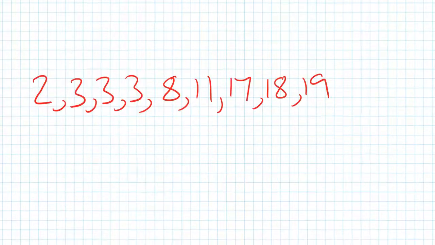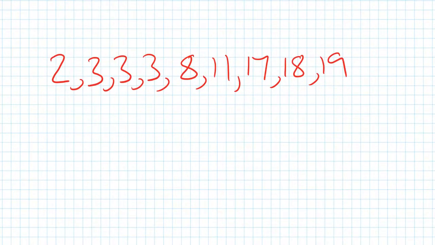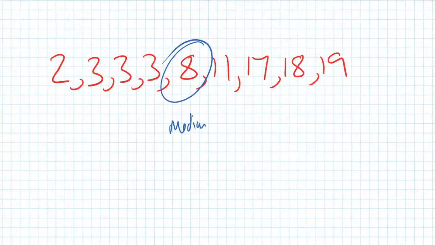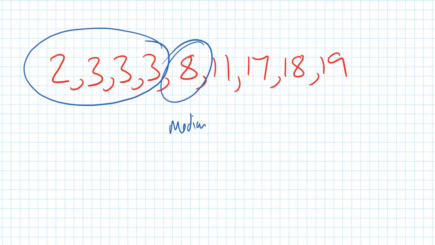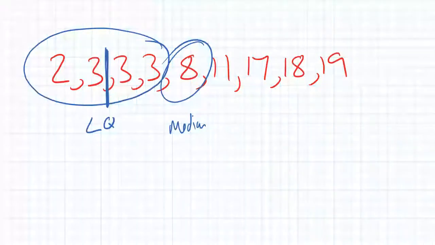Okay, final possibility is something like this. If we had 9 different values, and if this was the case, well, this time that median is going to be 8. And to find that lower quartile, I'll consider the lower half as those 4 numbers. And so my lower quartile will be 25% of the way through, or halfway through those 4 numbers. And that's going to be 3.